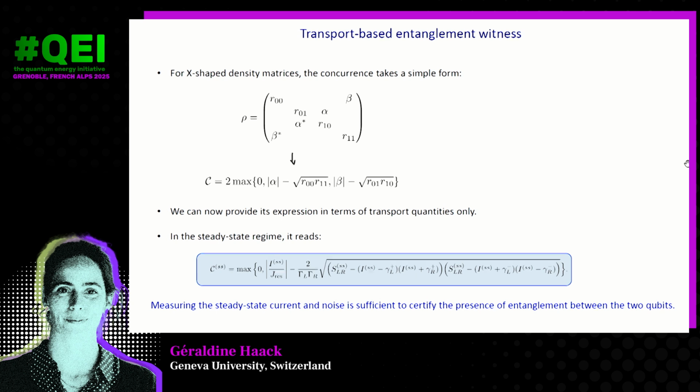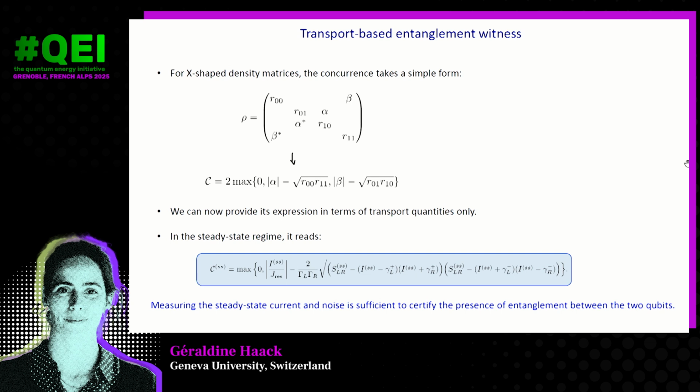And to conclude, what is, I think, quite exciting is that now we can access all elements from transport quantities. But so it means that if you have a quantum system and you want to certify the presence of entanglement, you have to compute the concurrence that I already mentioned.